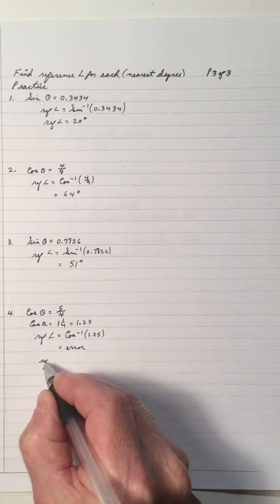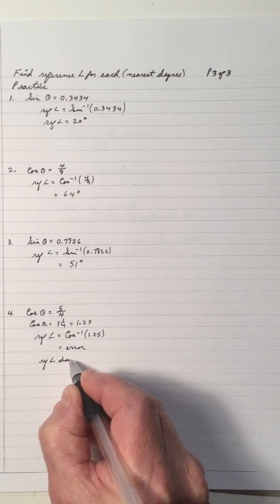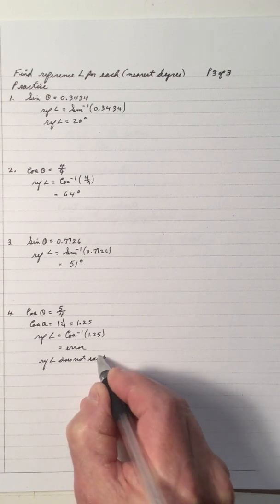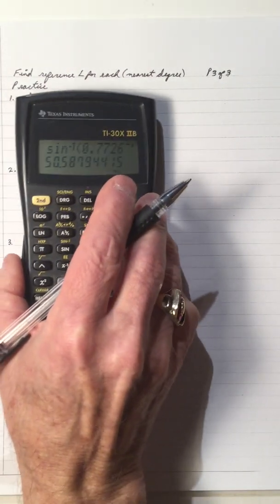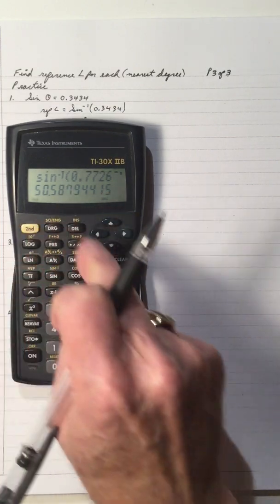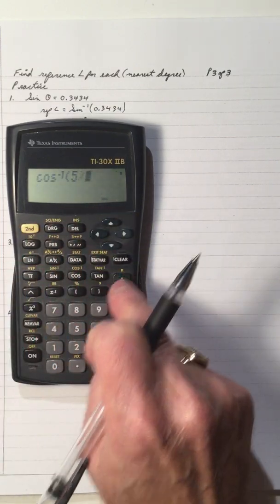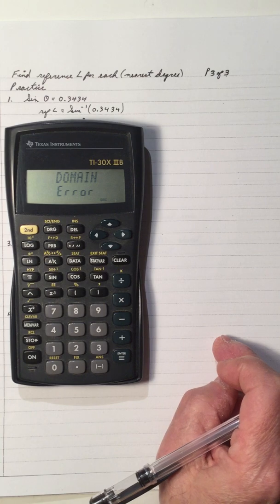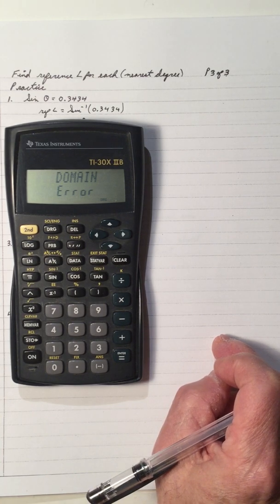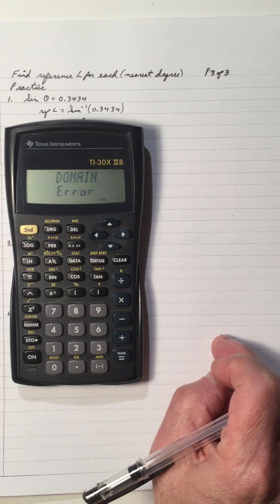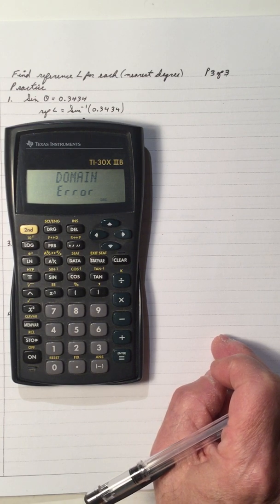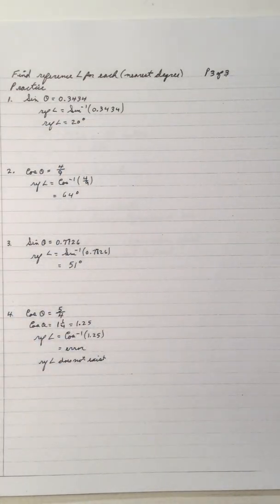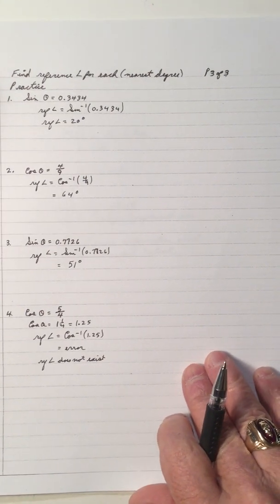That means the reference angle does not exist. Just to show you on the calculator, inverse cos of 5 division 4 will give you domain error again, because the cos has got to be between -1 and 1. The most it can be is 1. The least it can be is -1, and numbers in between. It has to be on a unit circle whose radius is 1. That's very important. So that takes us through some examples.